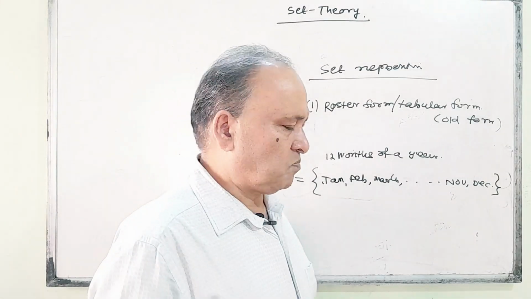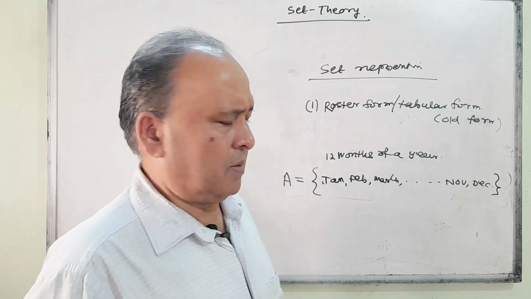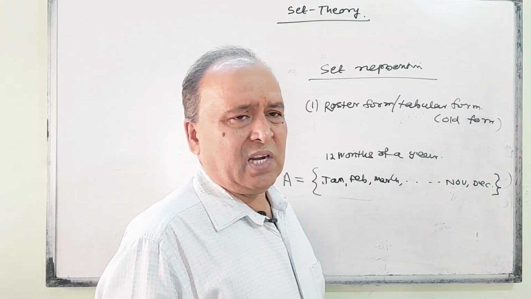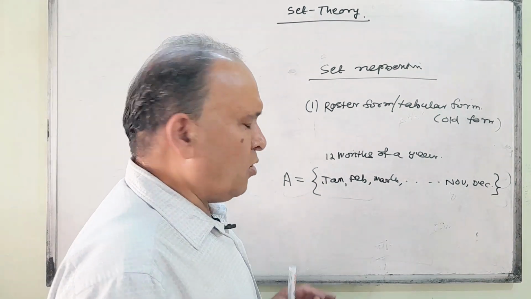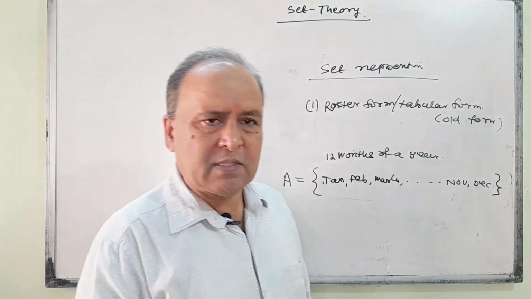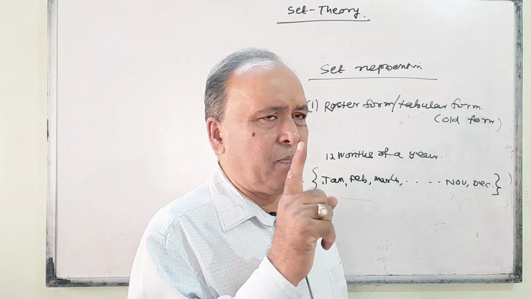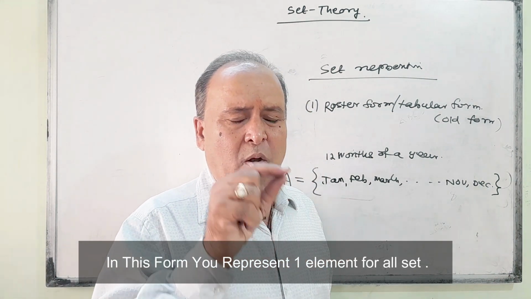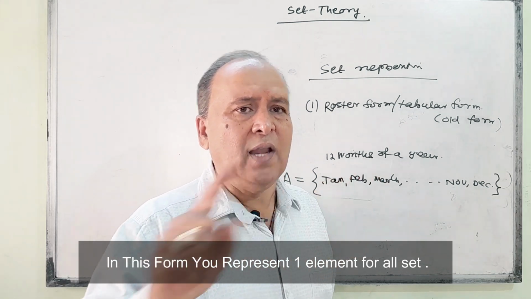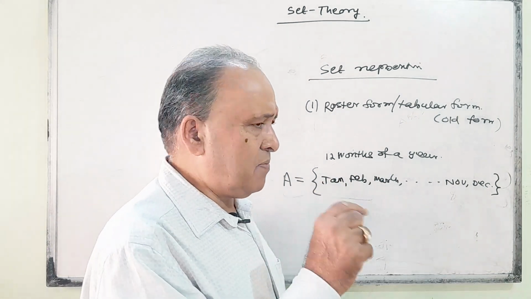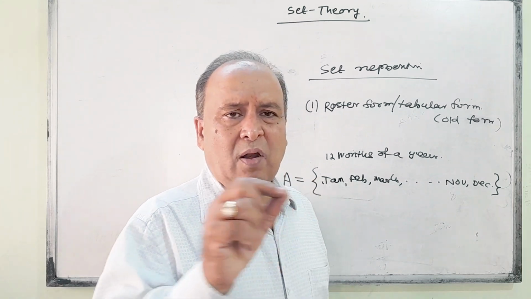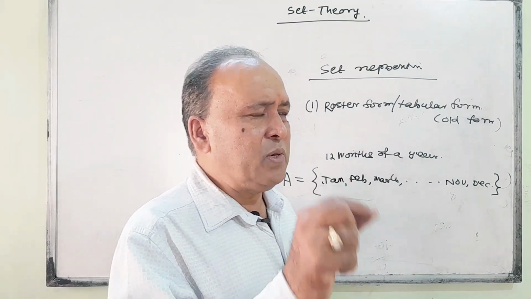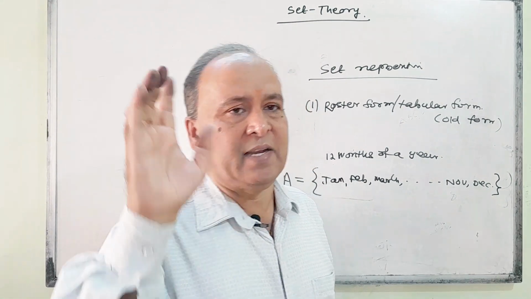Next come to the set builder form or specification form. What do you mean by set builder form? In this form, you represent one symbol for all elements, and you mention its defining property.